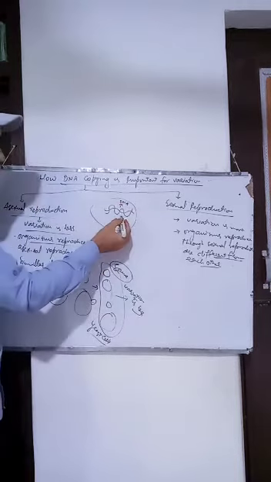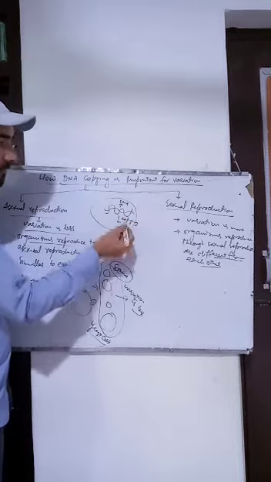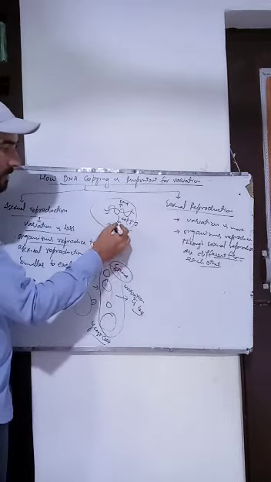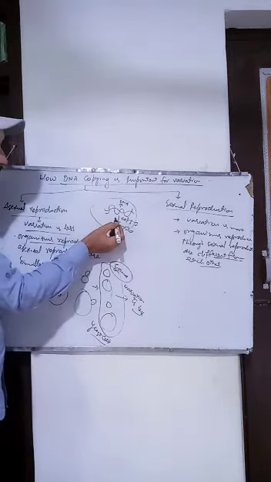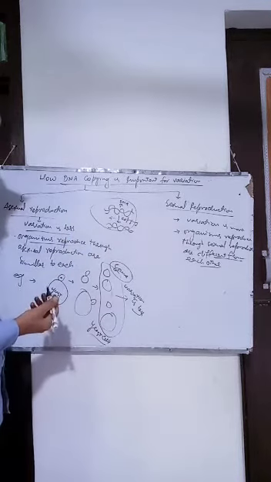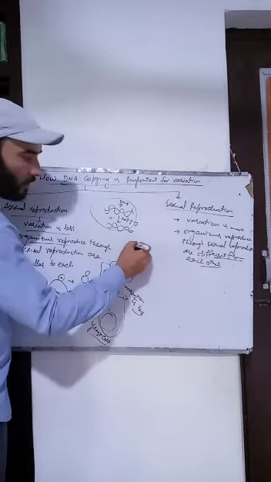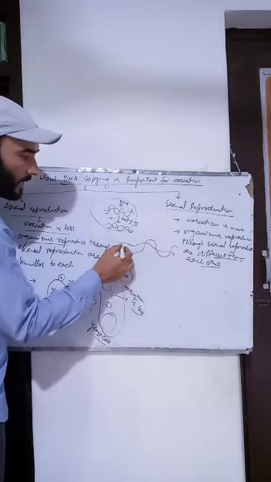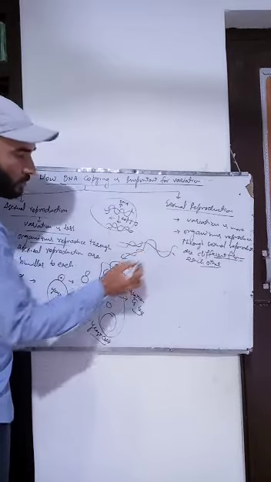When the DNA gets copied, another form of DNA is formed like this. It is a different process which you will study in higher classes, how DNA gets copied. It is the parent DNA, and the DNA gets copied from its two strands.